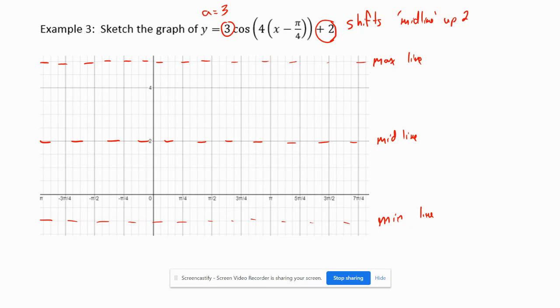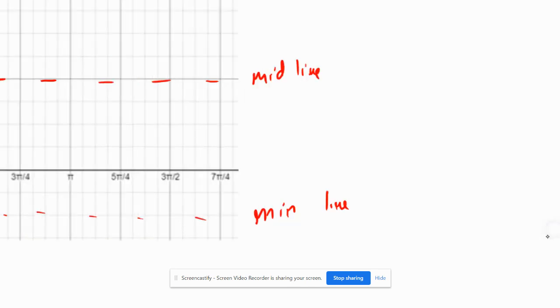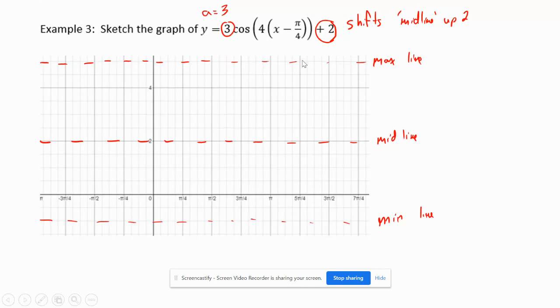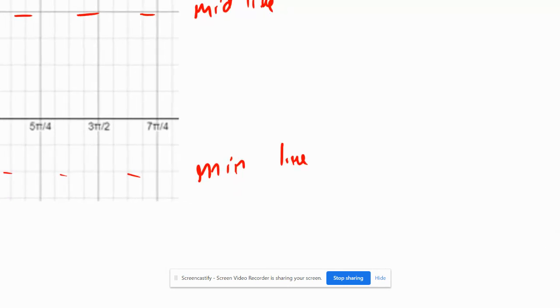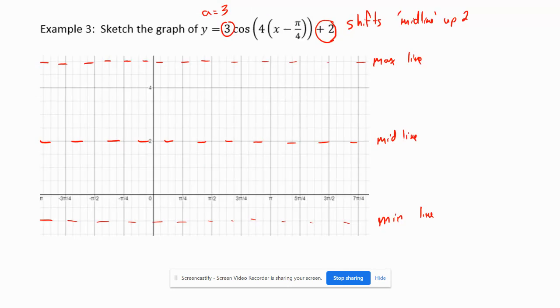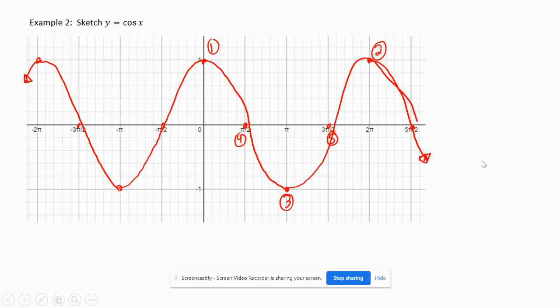Okay. Next, we're going to look at our horizontal phase shift, which is π/4. If we look back at the previous example, for a regular y = cos x graph, the graph starts at (0, 1), at the very top of the graph on the max line on the y-axis.